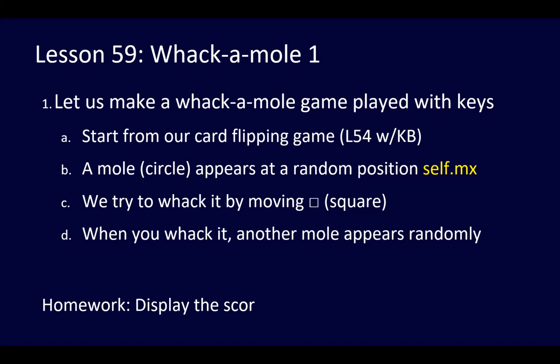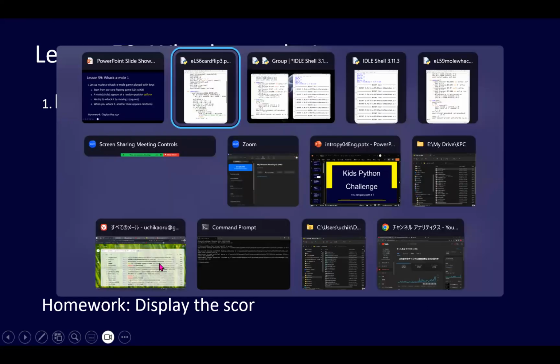Display the score. So it's homework. That's all for today. Please try to give points when you hit the mole, and maybe you want to print it somewhere. It's easy, right? Anyway, the basic structure is done.